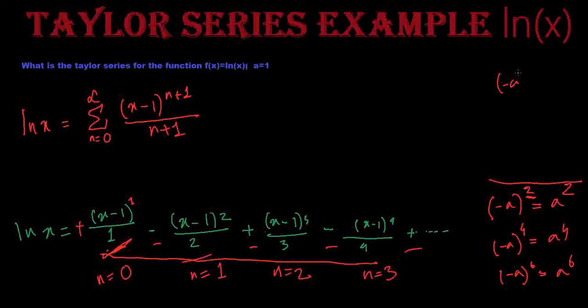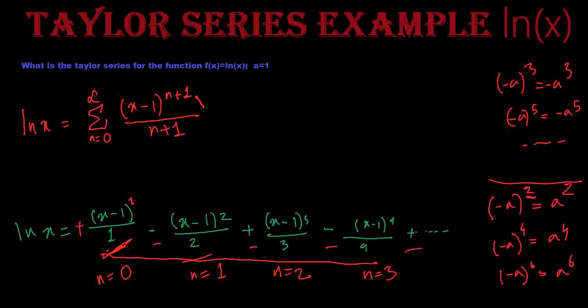But when the power is odd, the sign doesn't change, so minus a cube is also minus a cube, minus a to the power 5 is gonna be minus a to the power 5, and so on. So since the signs are alternating, that is positive, negative, we have to multiply it with plus 1, minus 1, plus 1, minus 1, plus 1, and so on.